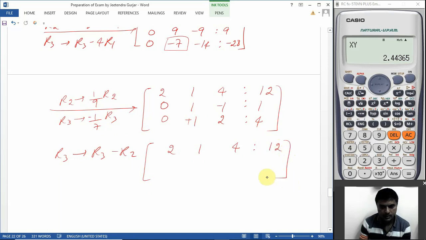Next I am going to get this answer. Yes, friends, just substitute the values. So this is 2x plus y plus 4z is equal to 12. This class is going to get lengthy, very lengthy.